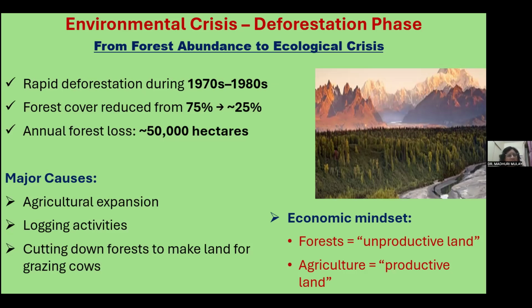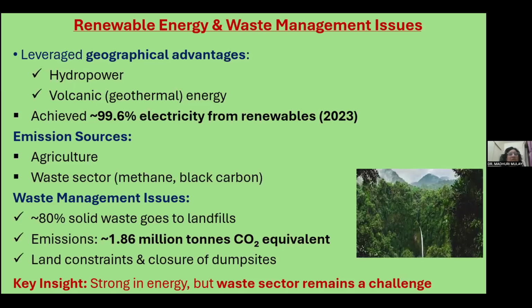The main causes were agricultural expansion, logging activities, and cutting down forests to make land for grazing cows. So the economic mindset was that forests are unproductive land and agriculture is productive land. Next.